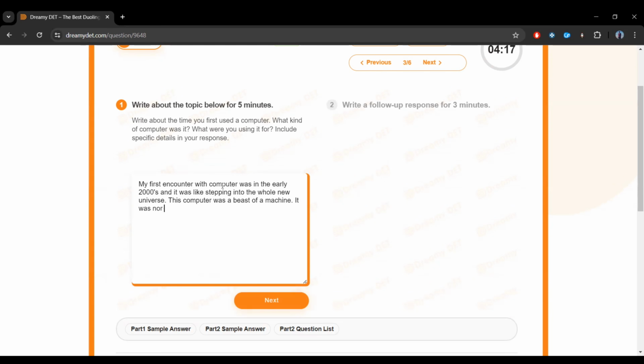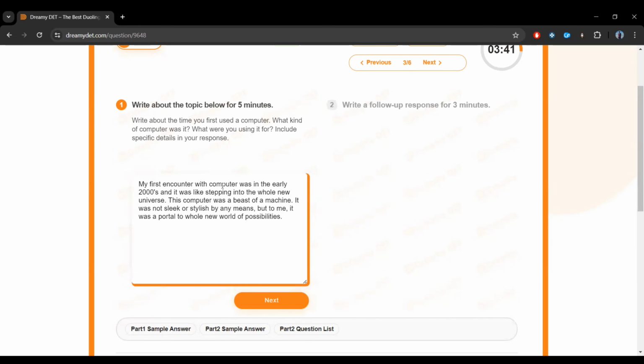It was not sleek or stylish by any means, but to me, it was a portal to a whole new world of possibilities.